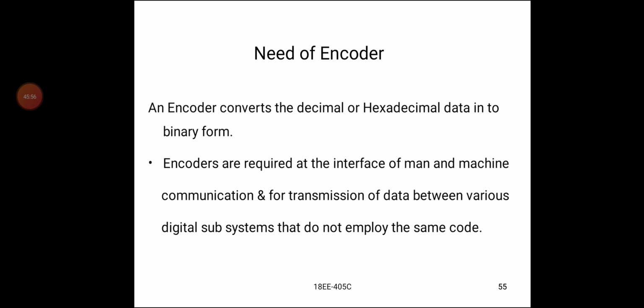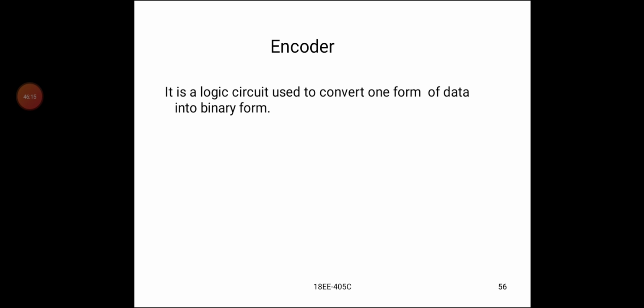So we need encoders at the interface of man and machine communications for transmission of data between various digital subsystems that do not employ the same code. An encoder is a logic circuit used to convert one form of data into binary form.